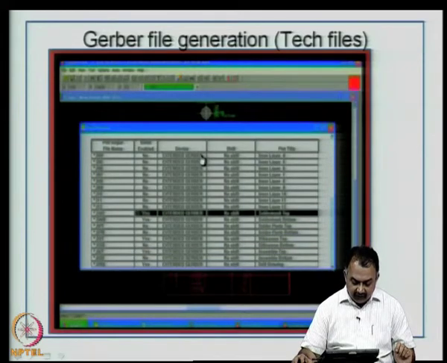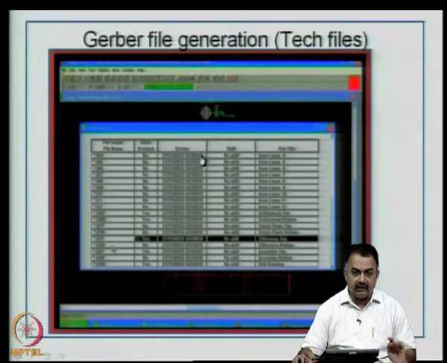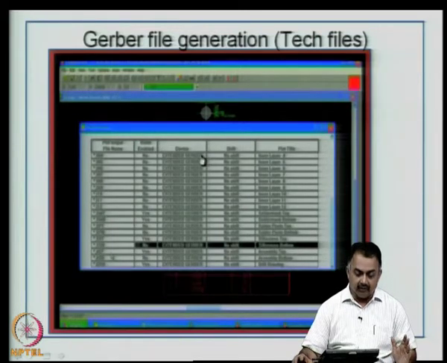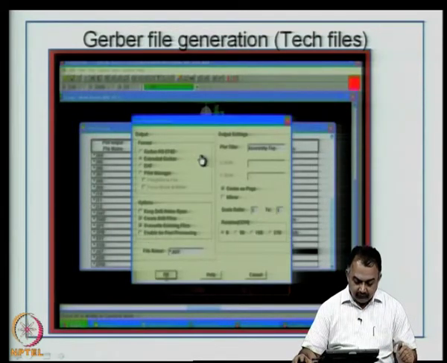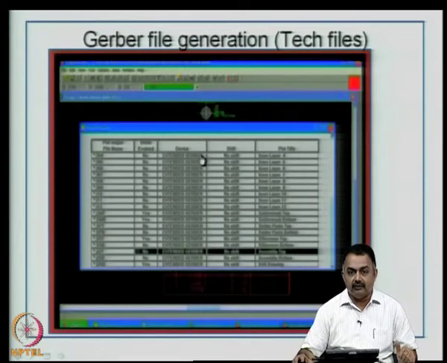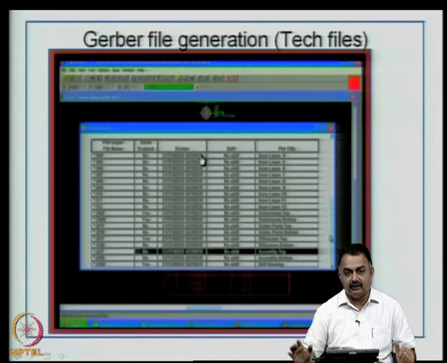Then you will have other accessories like solder mask on top, solder mask on bottom, silk screen text on top, silk screen text on bottom if it is a placement on both sides. So, accordingly you have to do this post processing activation in your particular program. So, that when you start the post processing, all of these set of files are generated.